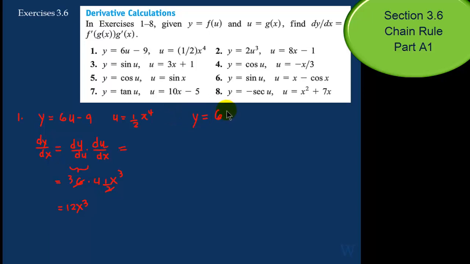Instead of u, I will directly substitute 1/2 times x to the 4th minus 9, and that's equal to 3x to the 4th minus 9. If I just take the derivative of y with respect to x now, that's just equal to 12x cubed. And notice that we arrived at the same solution. So you may apply both methods, or whichever you feel more comfortable using.